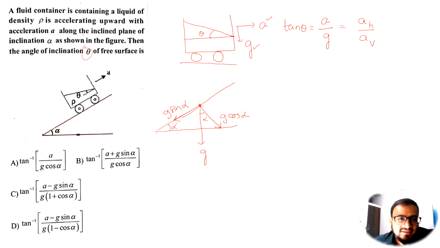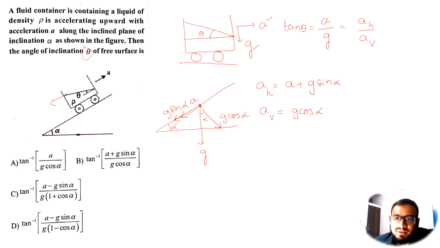Because it is accelerating, this fluid is experiencing a pseudo force or pseudo acceleration in this direction, which is A here. So if you see, the net horizontal acceleration is these two, A plus G sin alpha. The net vertical acceleration is G cos alpha.